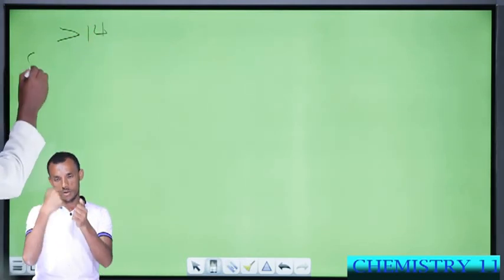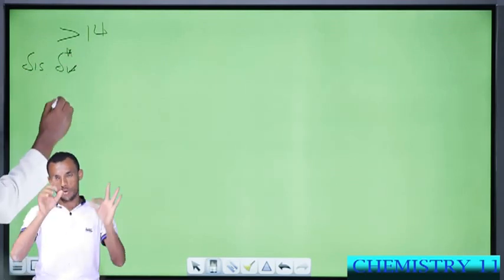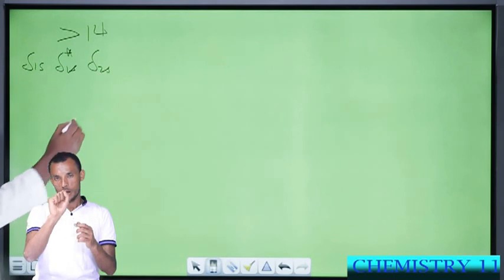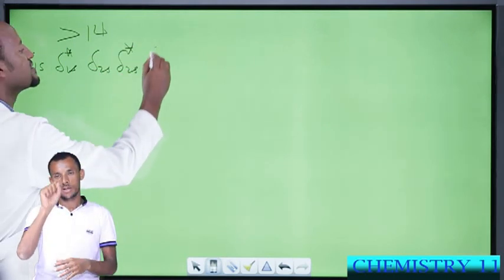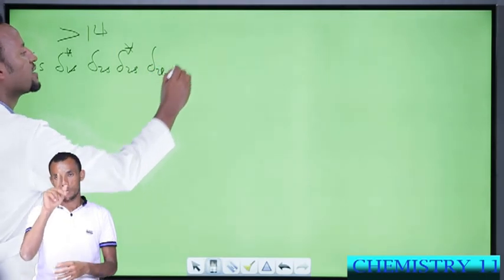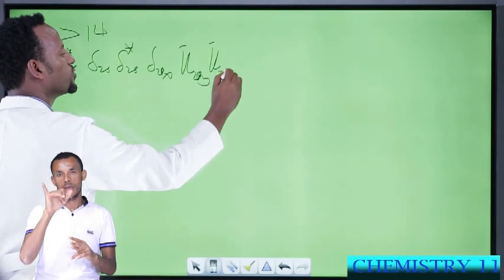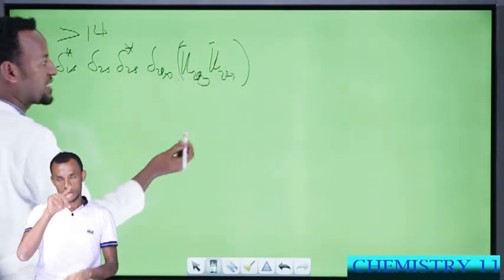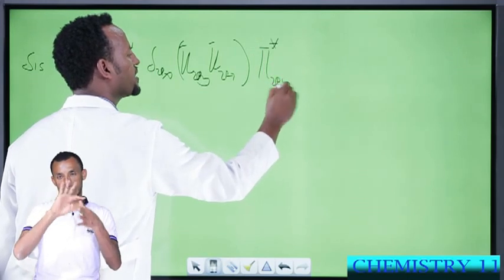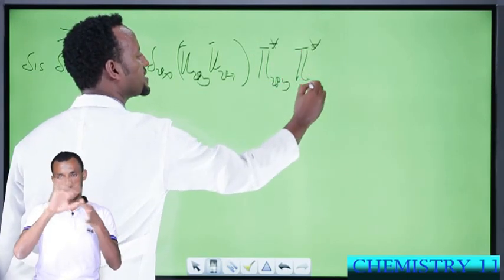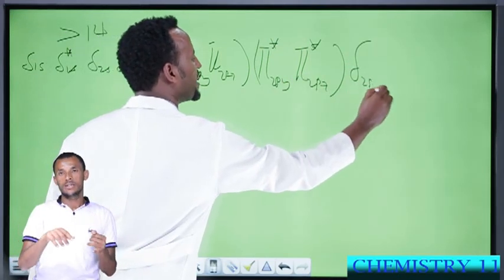The order is sigma 1s, sigma star 1s, sigma 2s, sigma star 2s, sigma 2px, pi 2py and pi 2pz, which are degenerate, then pi star 2py and pi star 2pz, and finally sigma star 2px.